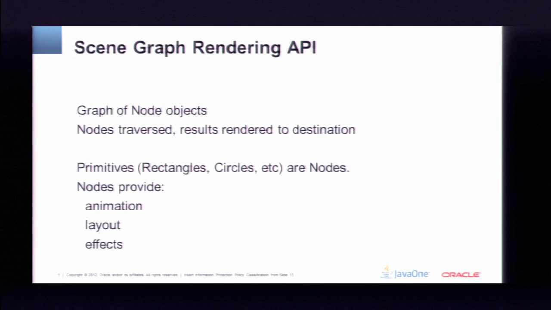Nodes, you have rectangles, circles, ellipses, controls, various kinds of nodes, and a node provides different features with the Scene Graph: animation, layout, effects, properties that you can animate and things.